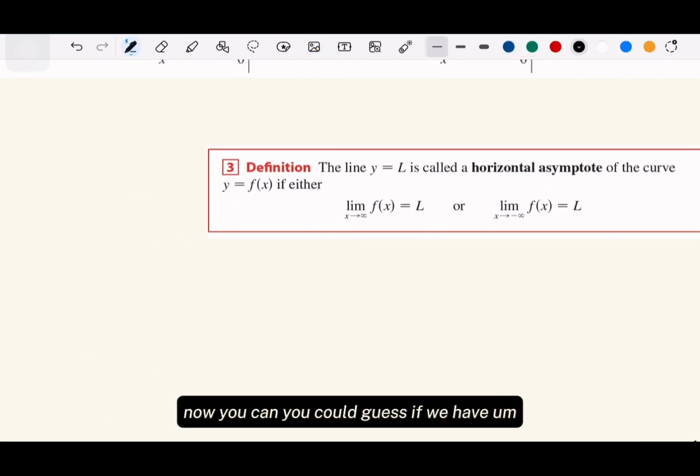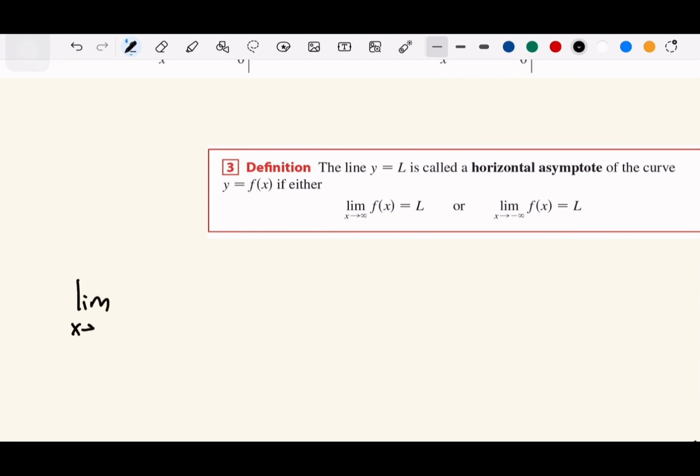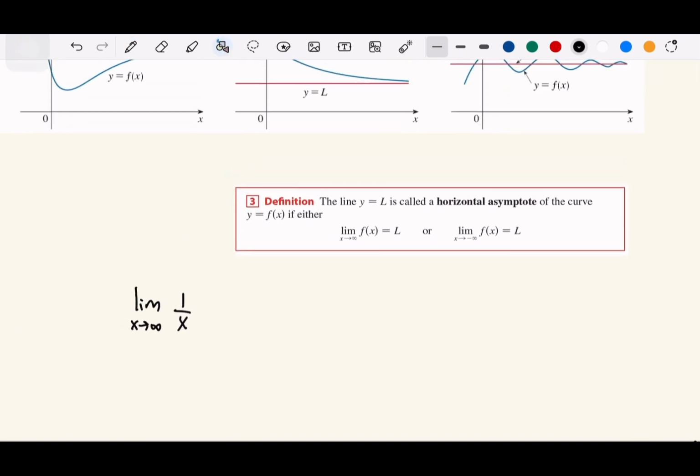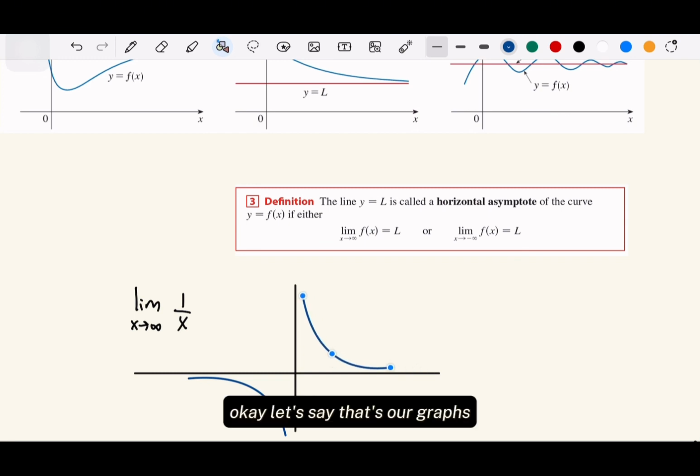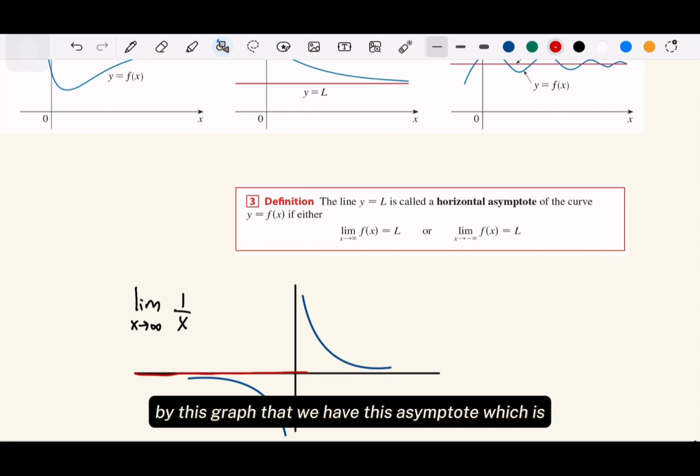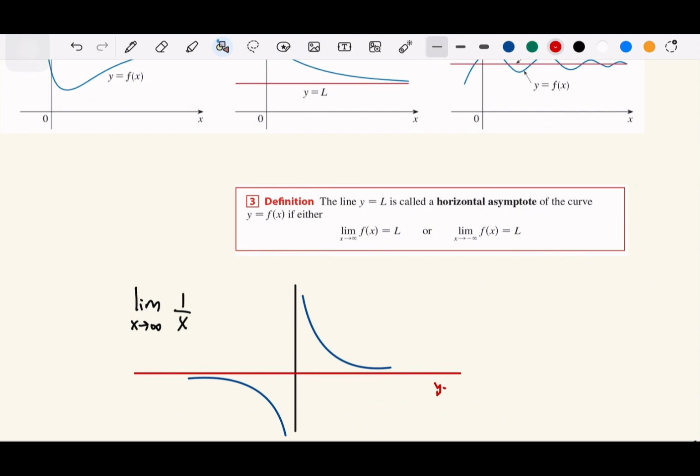Now you could guess, if we draw the curve, let's say that's our graph, and we could see by this graph that we have this asymptote, which is y equals 0.